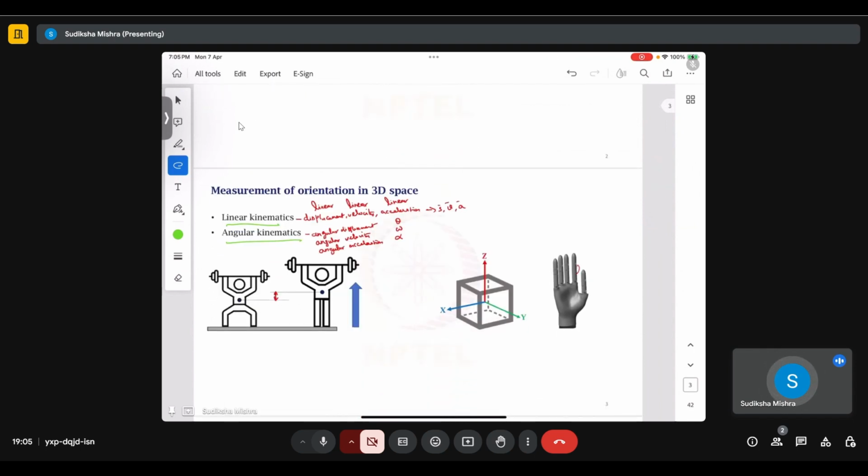Measurements in a 3D space are usually done in two forms, either as linear kinematics, wherein the displacement, velocity, and acceleration are linear vectors, or angular kinematics, wherein we compute the angular displacement, angular velocity, and angular acceleration.